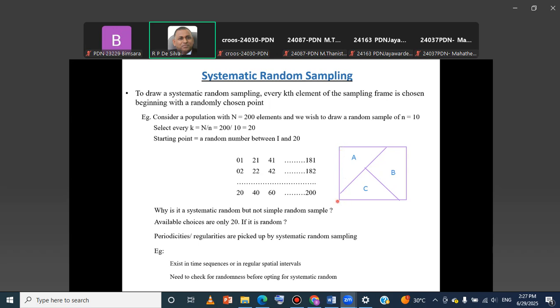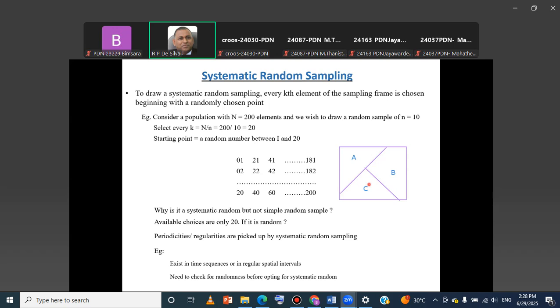So we are looking at a 100 square kilometer area. We want to know how much area is under tea, how much area is under paddy, how much area is under C. We don't know where these lines demarcate. We have no idea.